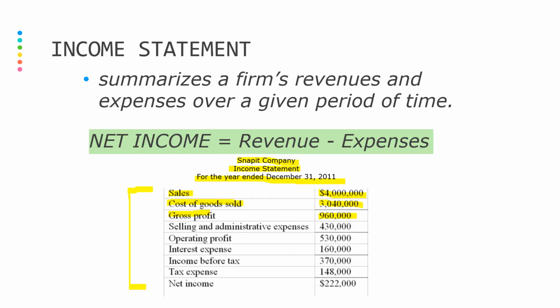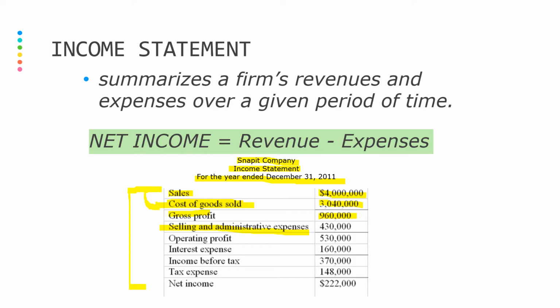So if we deduct the cost of goods sold from the sales, we can get the gross profit of $960,000. So what is a gross profit? It is the profit a company makes after deducting the cost of goods sold, or after deducting the cost associated with making its product or providing its services, from its sales. Okay. Now let's go to the selling and administrative expenses.